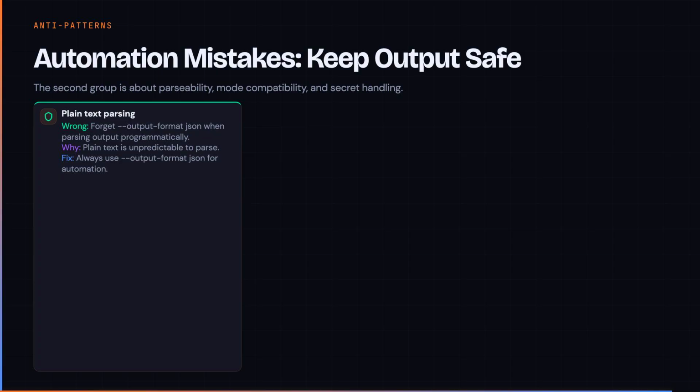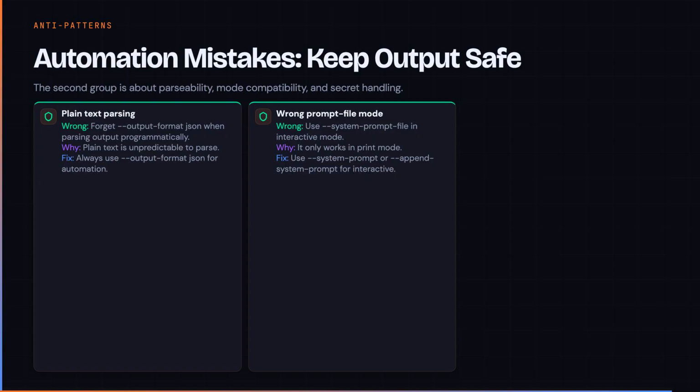Use output format JSON whenever a script or pipeline will parse Claude Code output. Do not use system prompt file in interactive mode. The source states that it only works in print mode. For interactive use, choose system prompt or append system prompt instead.